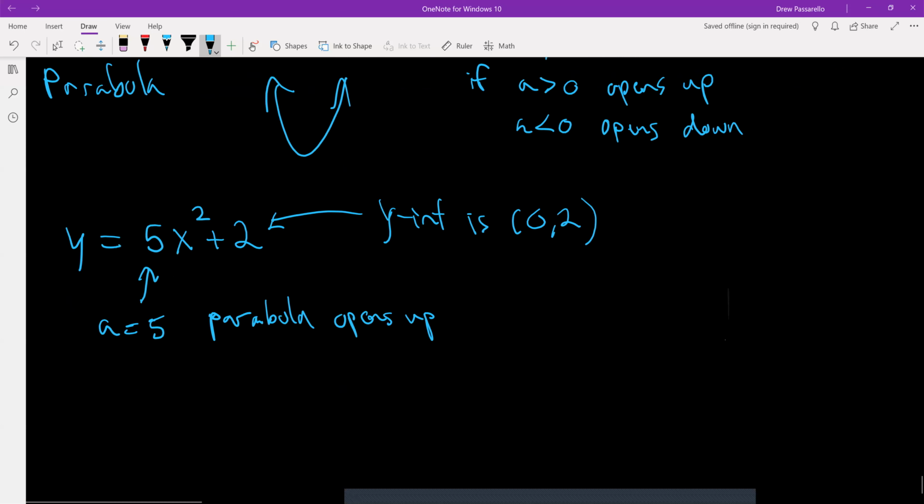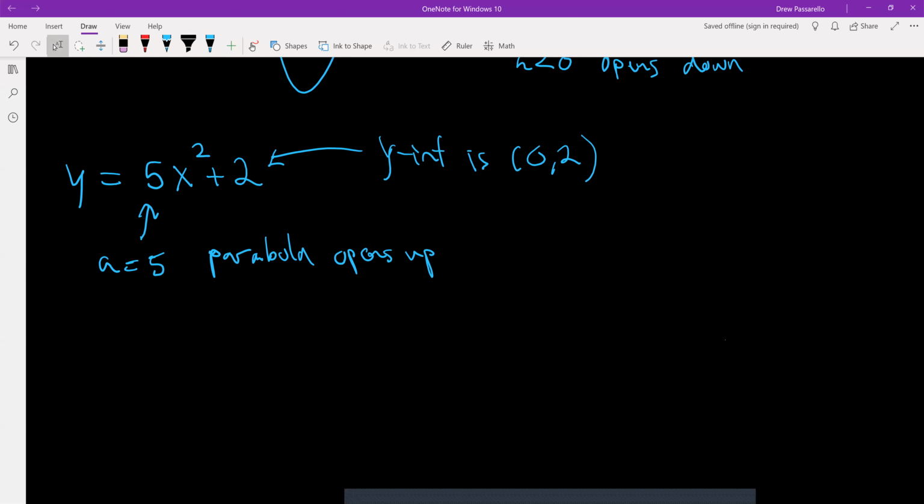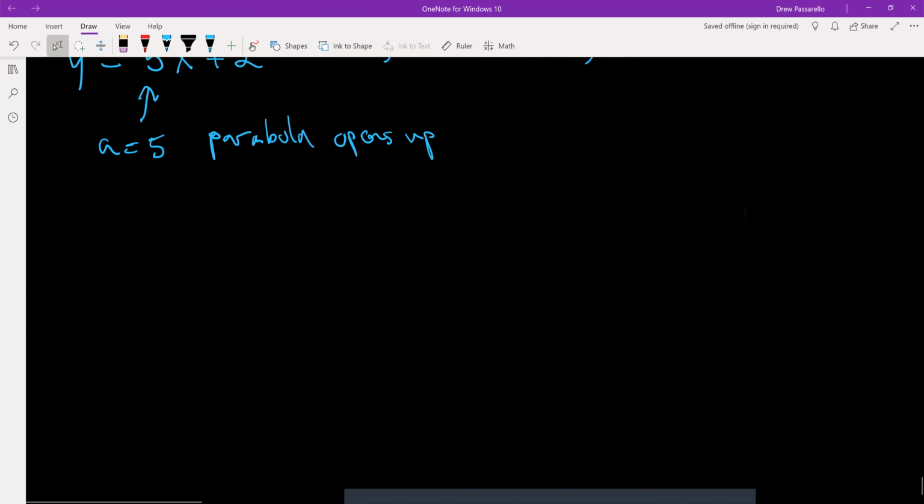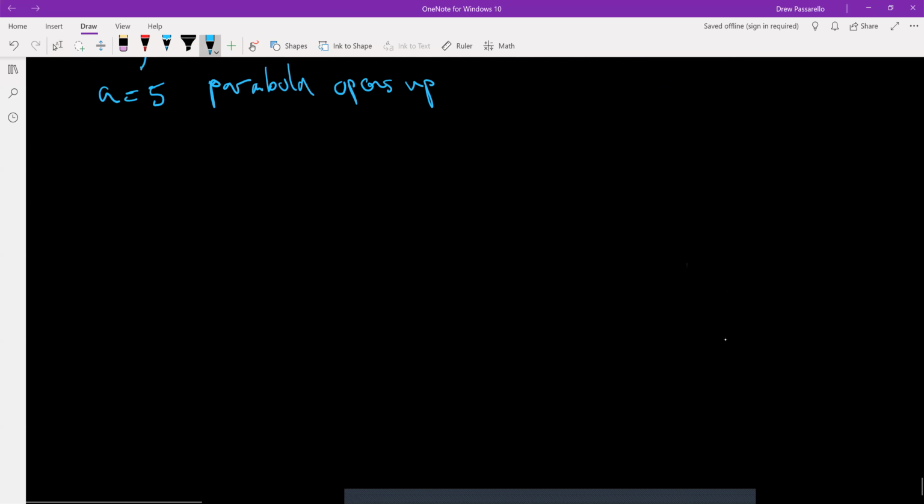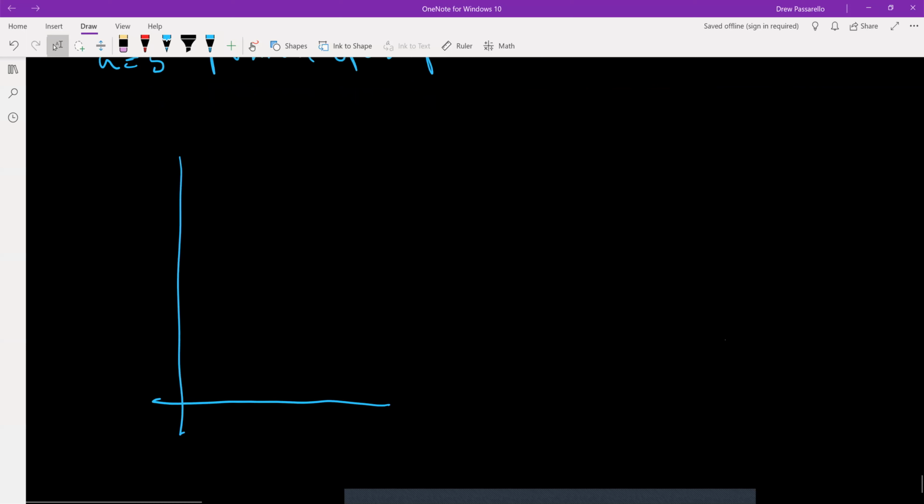Our region is going to be bounded, as far as the parabola, by the x-axis, the y-axis, and the vertical line x equals 2. This is just going to be a rough sketch. Let's say this is 1 and this is 2, and on the y-axis I'm not going to space it out as much as on the x-axis.